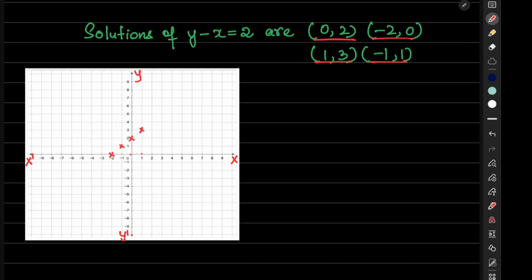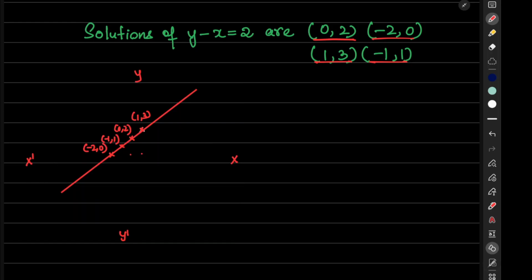On the side you can write this one is minus 2 comma 0, this is minus 1 comma 1, this is 0 comma 2, and this one is 1 comma 3. Then you have to draw a line joining all of these points. So it's a straight line, isn't it? This is your straight line graph.